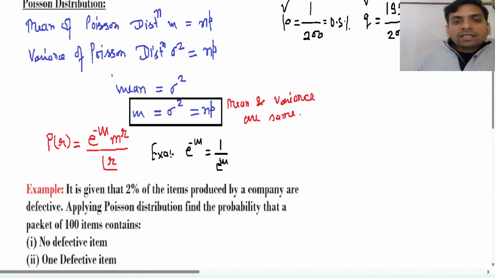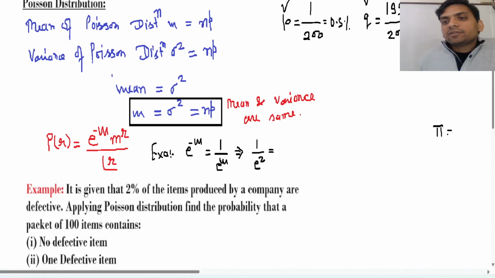Done? And suppose this M equals 2. If M equals 2, then you will write 1 upon E square. And what is E? Any idea? Just like pi. What is pi? 22 upon 7 or 3.14.